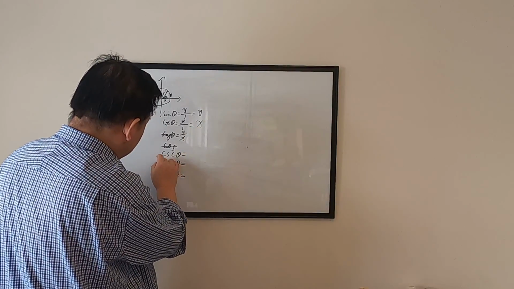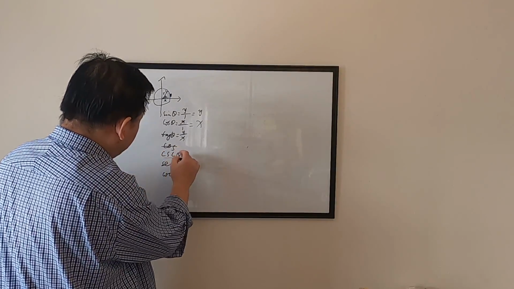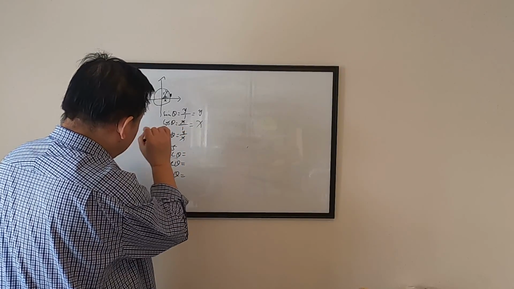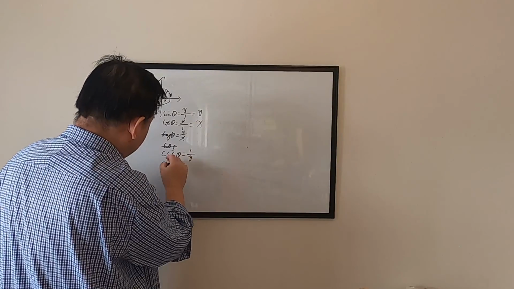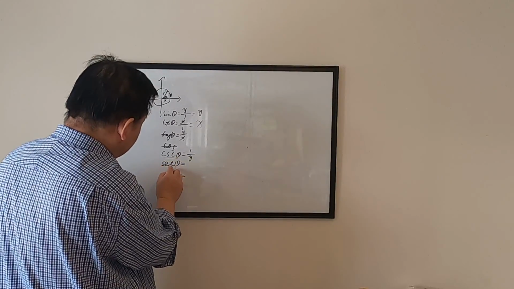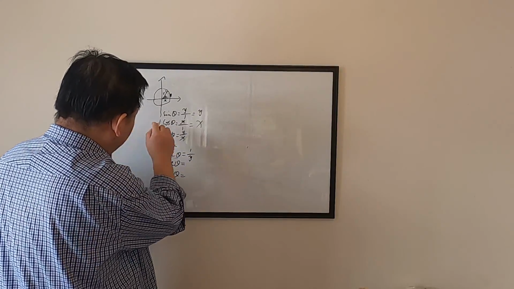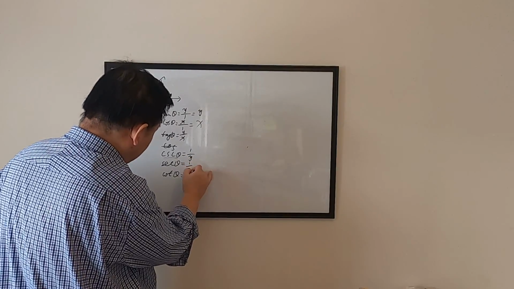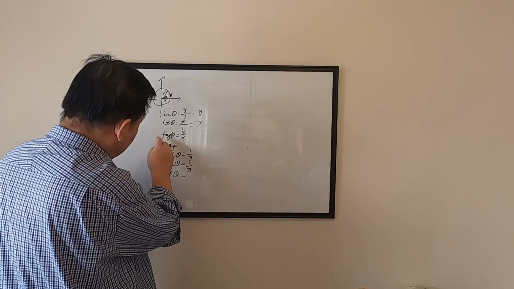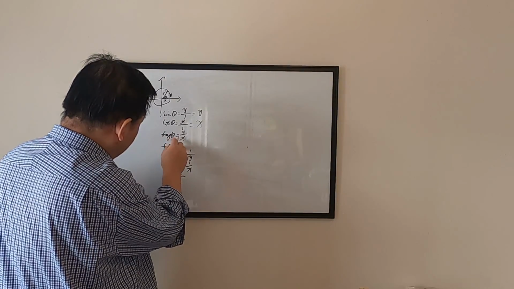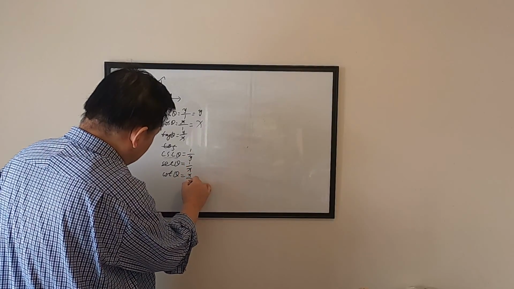So this cosecant theta means reciprocal of sin, 1 over y. This secant theta is reciprocal of cosine theta, 1 over x. And cotangent means reciprocal of tangent theta, x over y.